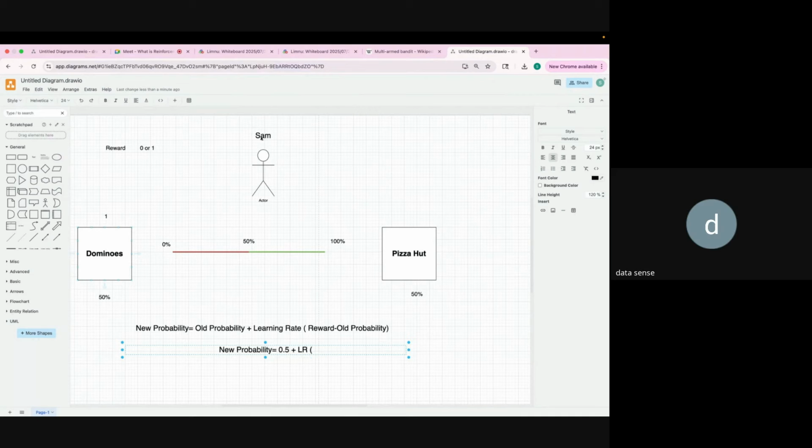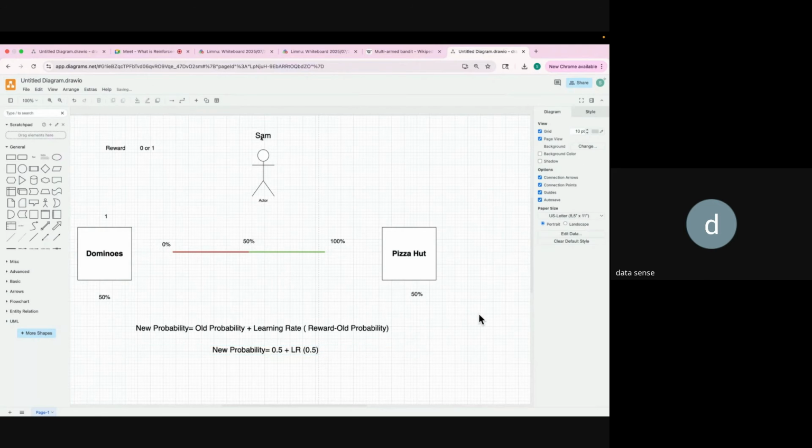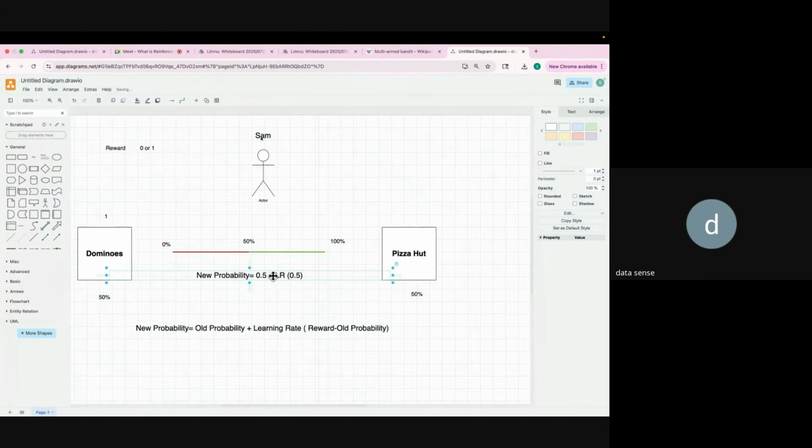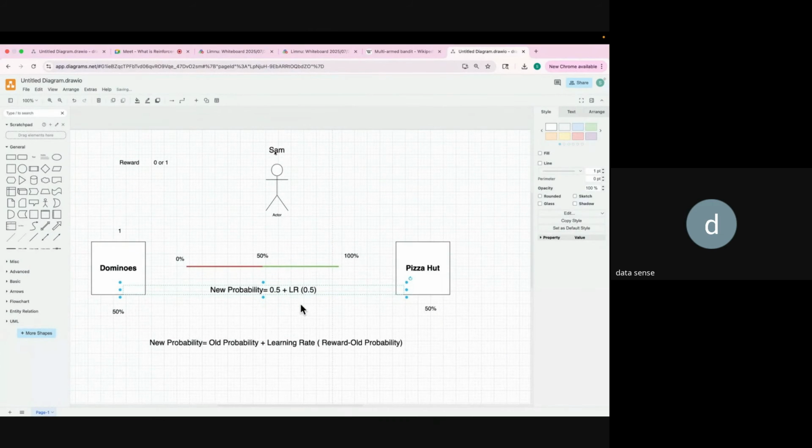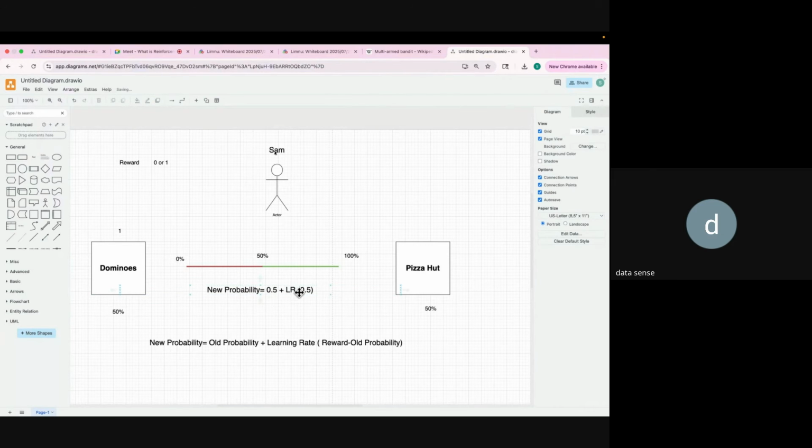Can I say it becomes 0.5? Yes. So his new probability of going to Domino's is 0.5 plus learning rate into 0.5. Don't worry if you don't know what learning rate is. This is very simple maths. Learning rate, let me tell you, varies between 0 to 1.